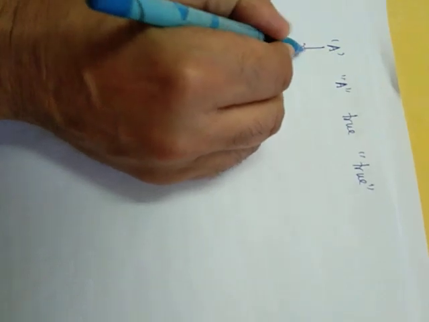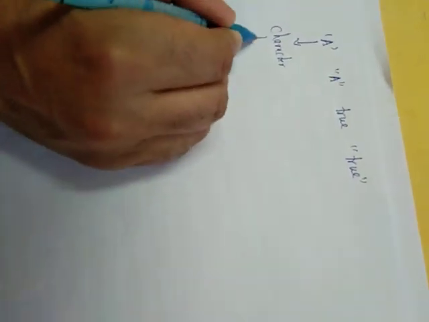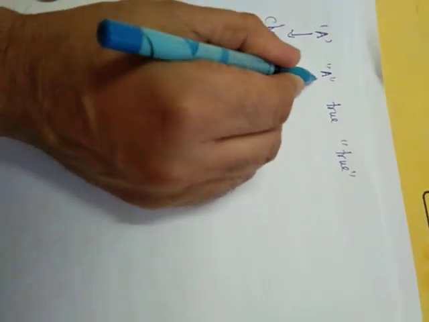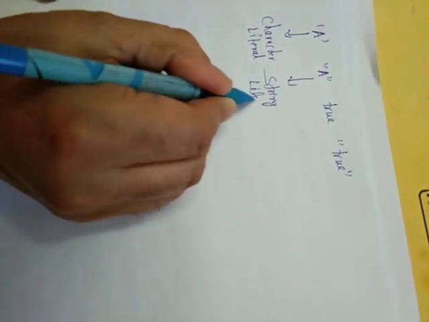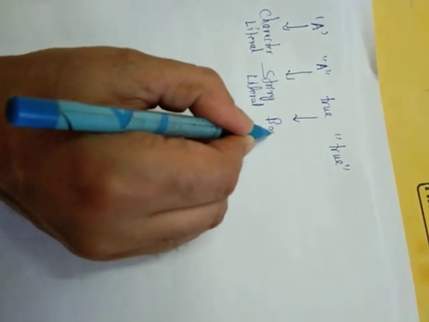In the first, this is a character literal because it is enclosed in single quotes. It is a string literal. It is a Boolean literal.